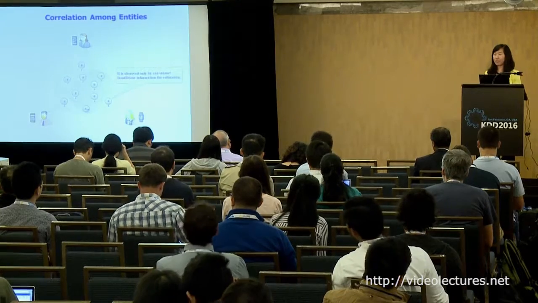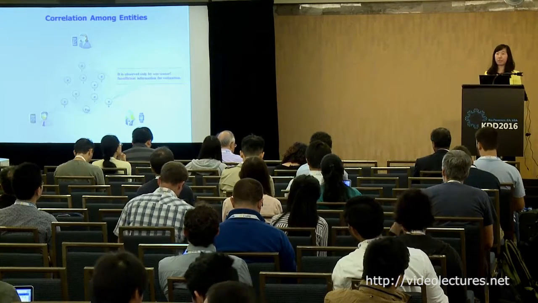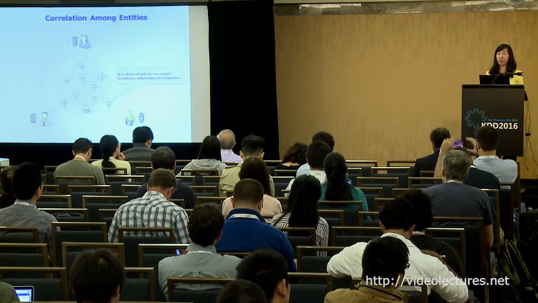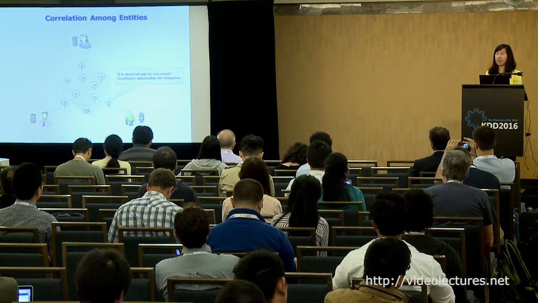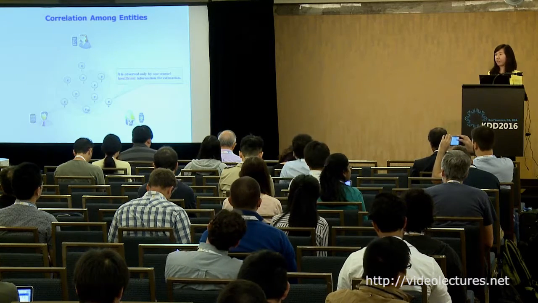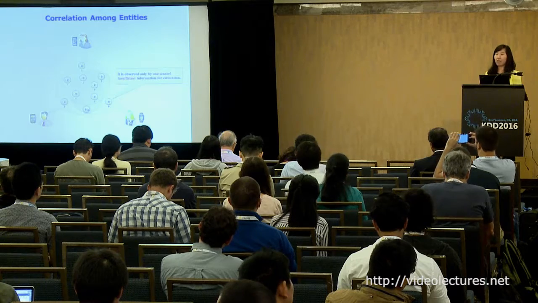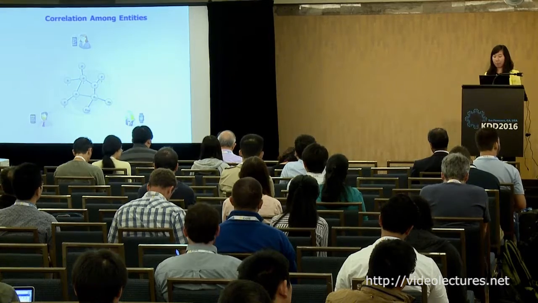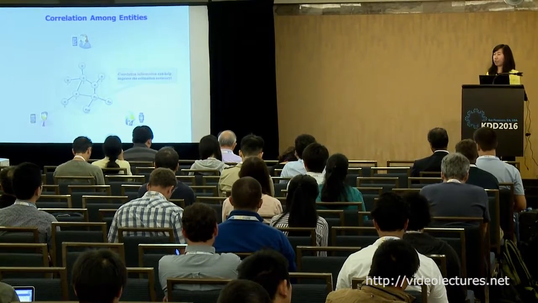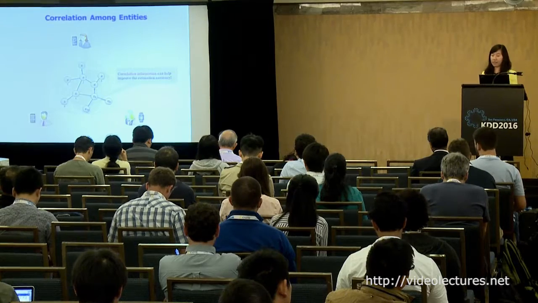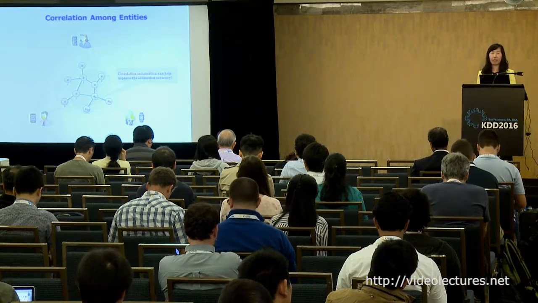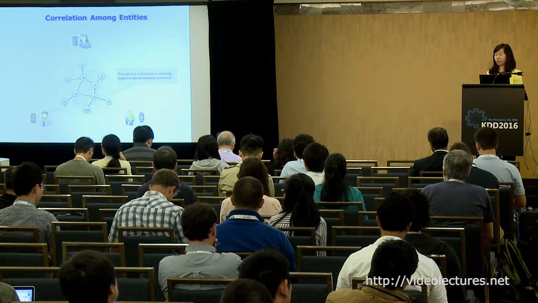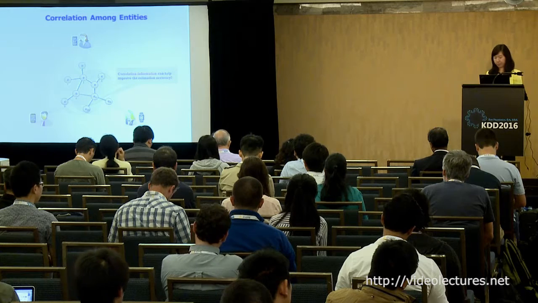That means there will be insufficient information for us to find out the true value. But because we have this spatial temporal setting, the entities that are nearby spatially or temporally may have similar values. Therefore, we can use this correlation information to improve the estimation accuracy. We can borrow information from the nearby or correlated entities to find out the true value for this E8.